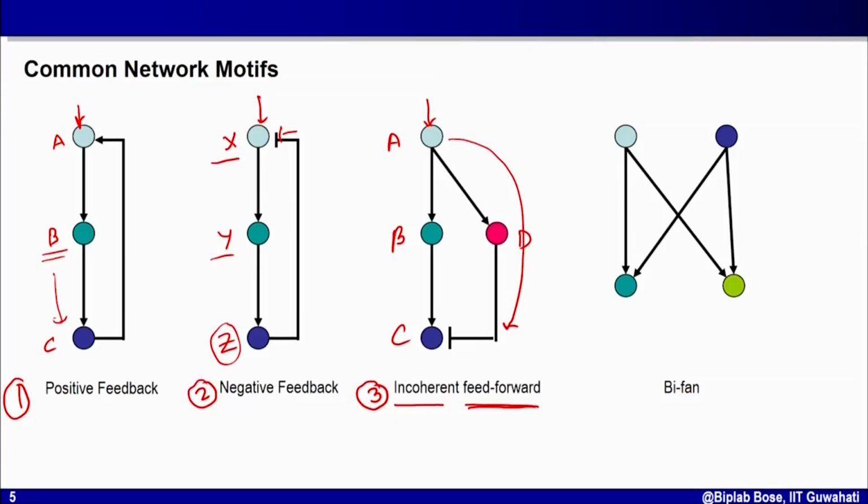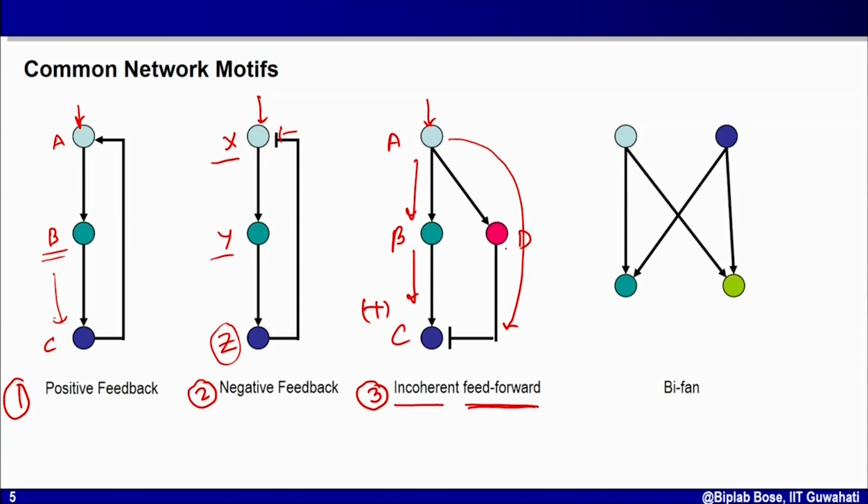For example, in the motif shown here, A is activating B, suppose, and B is activating C. I have a bifurcation of the path here. A is also activating D, but D is inhibiting C. So this path from A to C is a positive path. A through B is telling C to get activated.